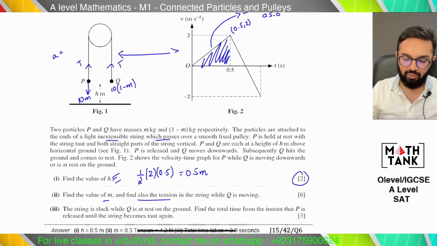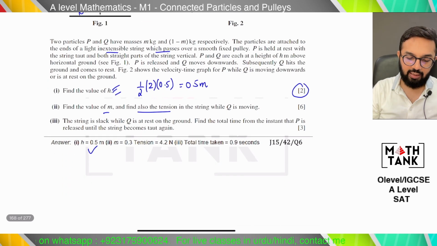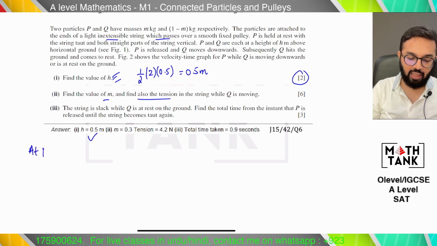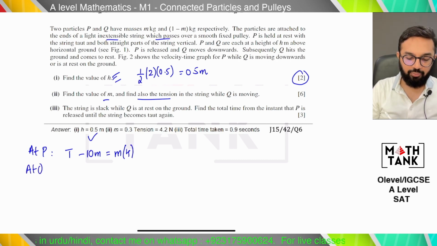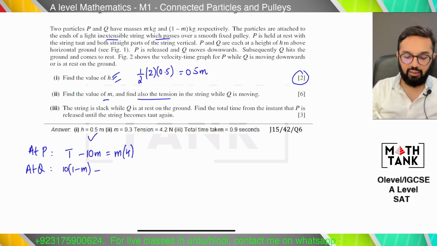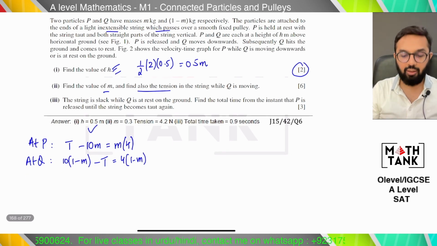So find the value of m and also hence find the tension in the string while Q is moving. In this case, P is moving up. So at P, what is happening is T minus 10m equals ma, and a is 4. That's what I calculated. At Q, I have 10 into 1 minus m minus T equals 4 into 1 minus m, as the mass is 1 minus m kgs.